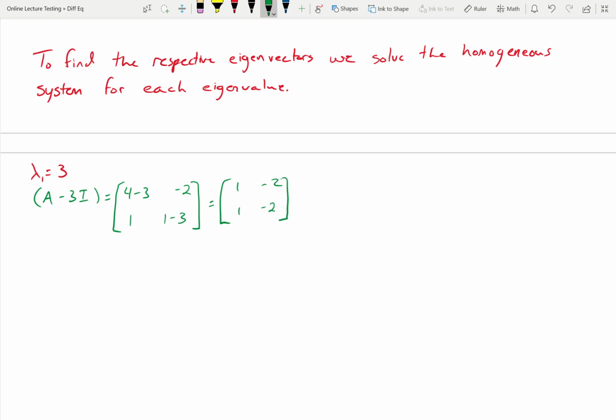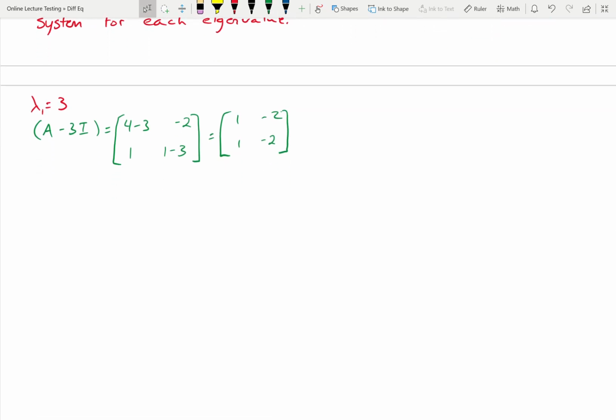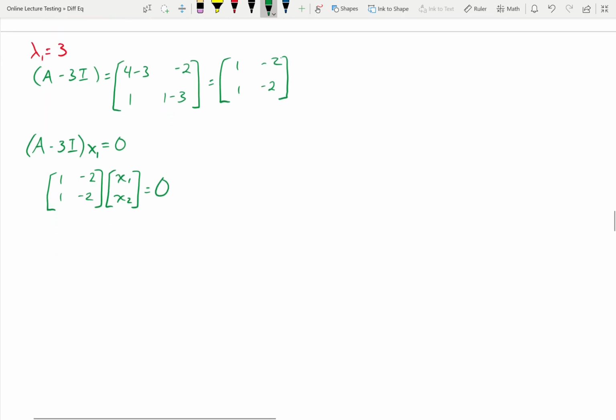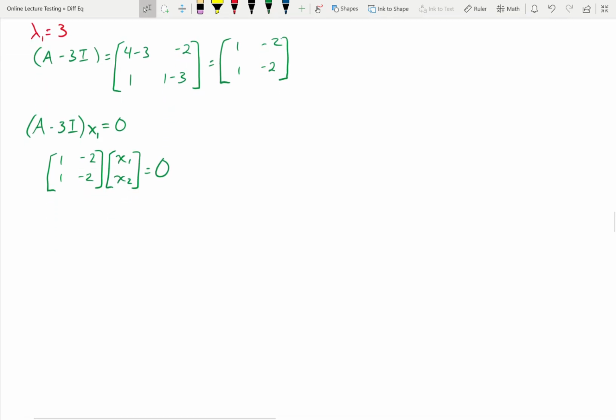All right, next step. We then plug it into our problem, A minus 3I times some vector. This is the vector we're looking for, so I'm going to say x1, x2 is equal to 0. That's what we want. So we get [1, -2; 1, -2] times [x1, x2] equals 0.